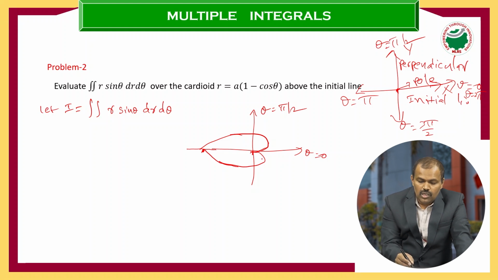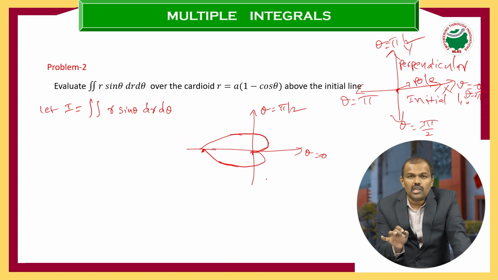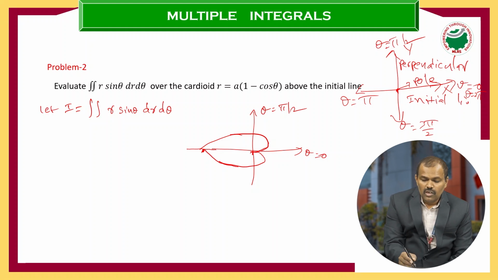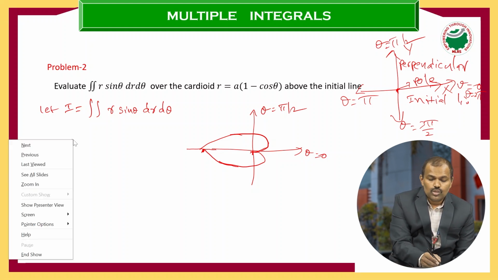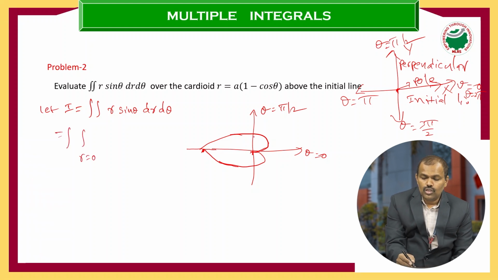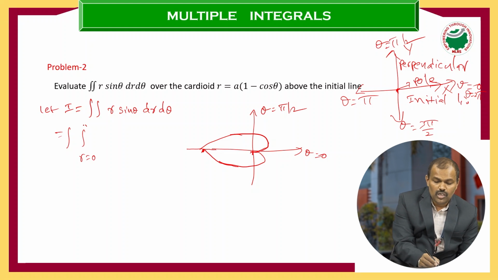Right. Now, coming to the cardioid, we require r limits and theta limits. Clearly the r limits are given: r is equal to 0. Why r is equal to 0? Whenever theta 0 is substituted here, we get r is equal to 0. So I am writing the r limits as 0 to the cardioid equation a into 1 minus cos theta.